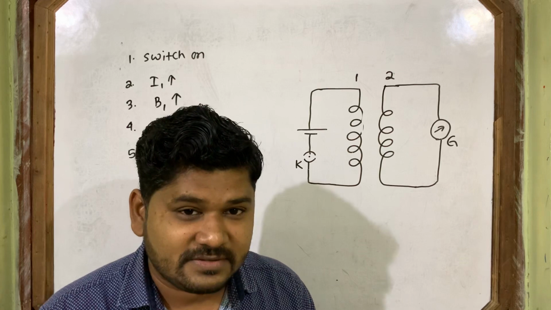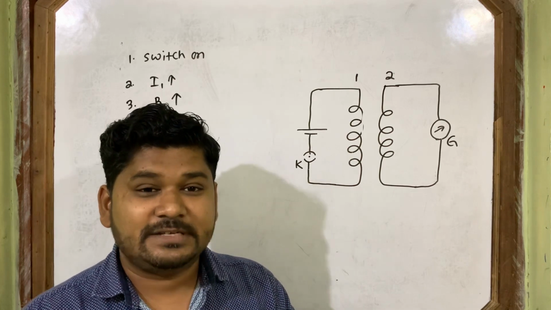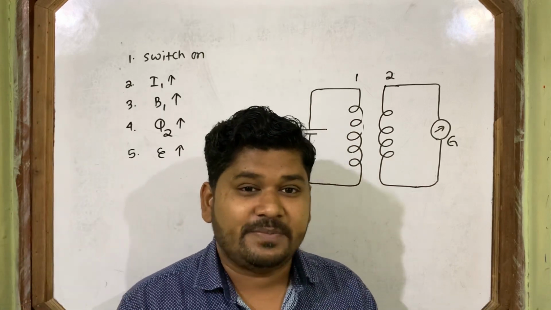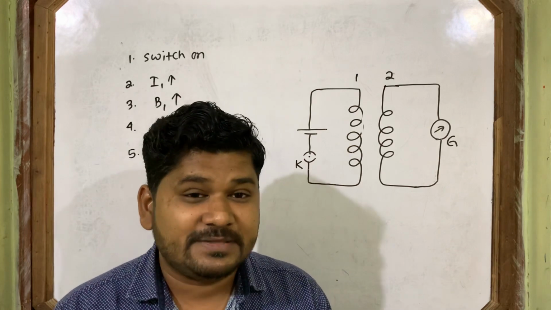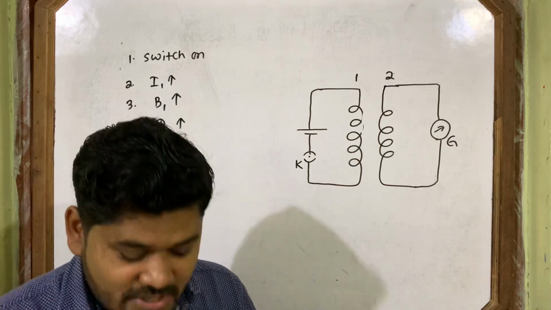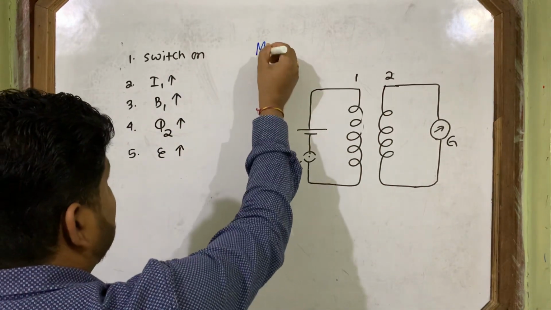This happens. It's a very surprising thing. So this is the property of two neighboring coils, and this property is called mutual induction. What is our topic today? Mutual induction.